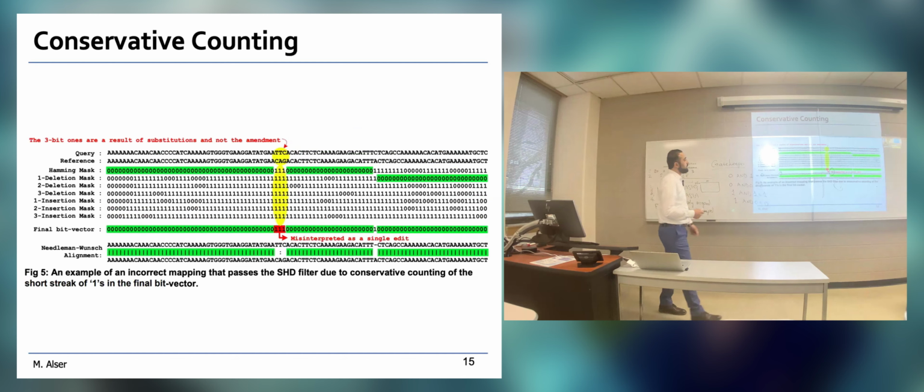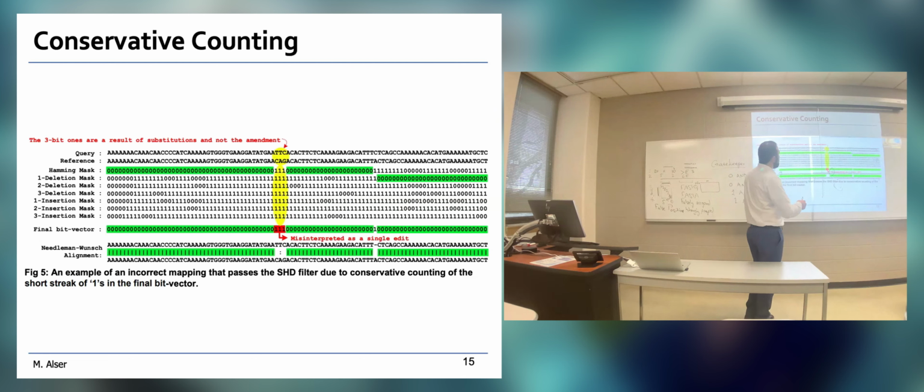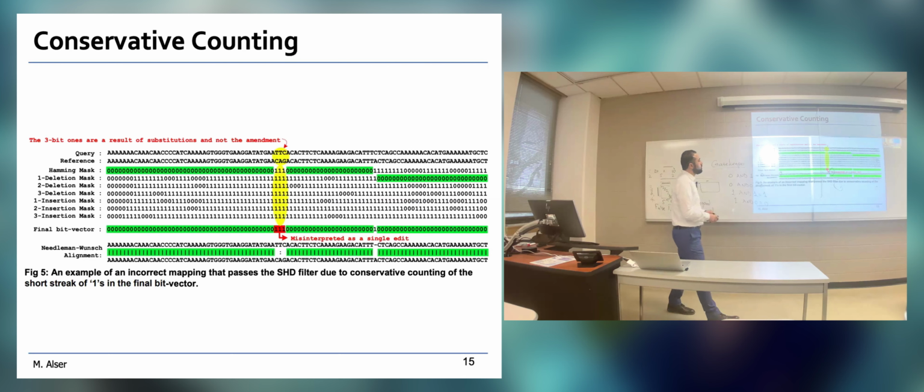Now the third one. We have here T and C, we have C and G, we have T and A, and those are 3 mismatches. However, in the GateKeeper algorithm, whenever we have consecutive 1s, we consider them as another number.